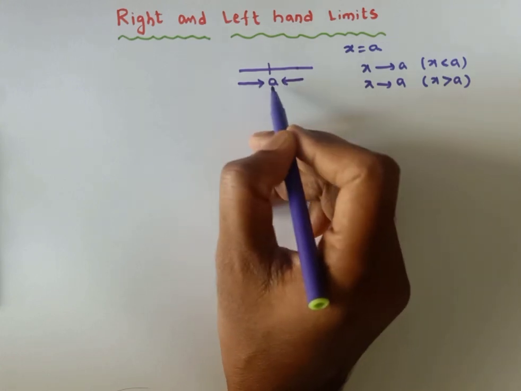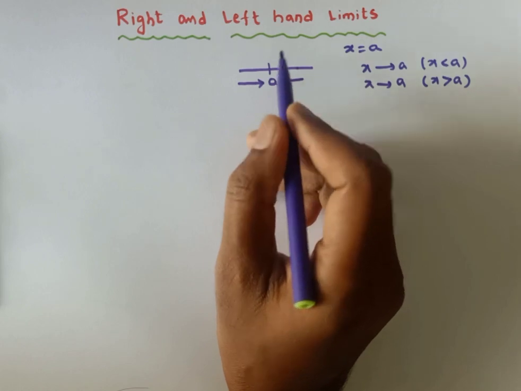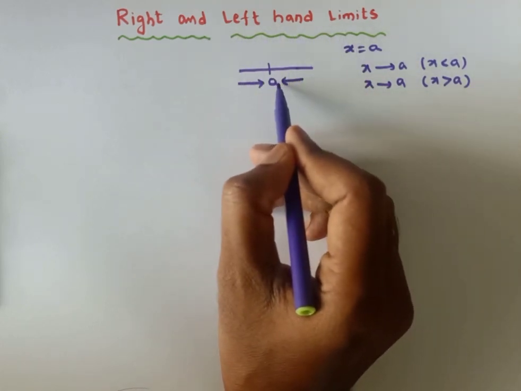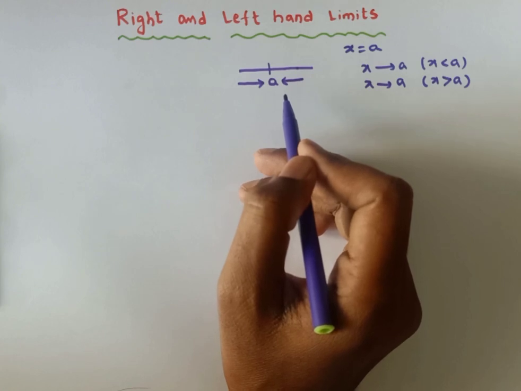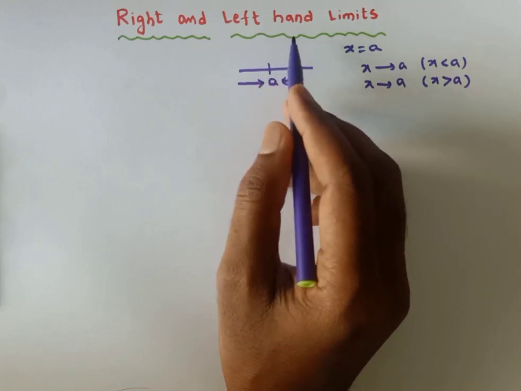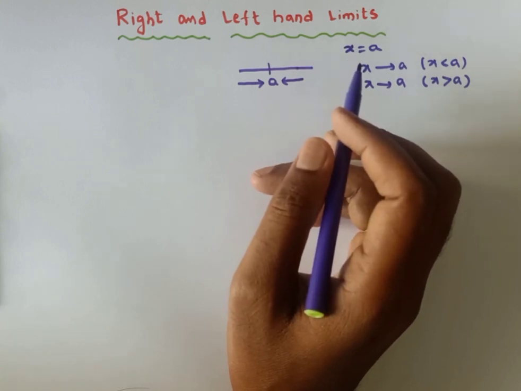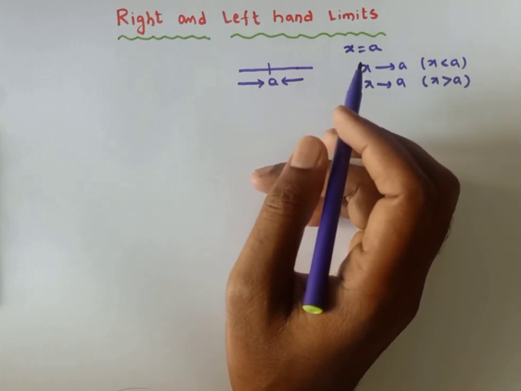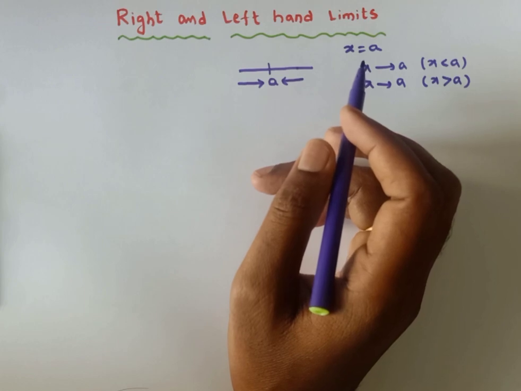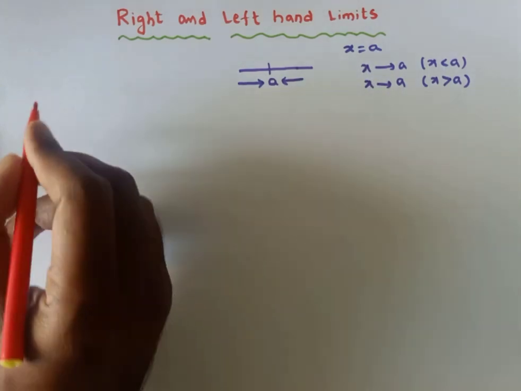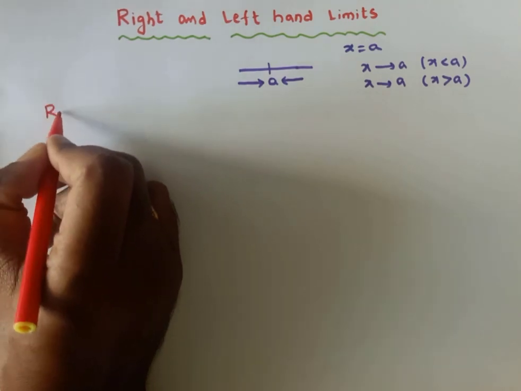As x approaches a from the left hand side, this is known as the left hand limit. As x approaches a from the right hand side, that is known as the right hand limit. We will study these two concepts in this lecture: the right hand limit and the left hand limit. First we will see what is a right hand limit.